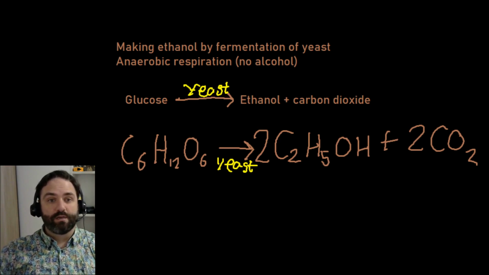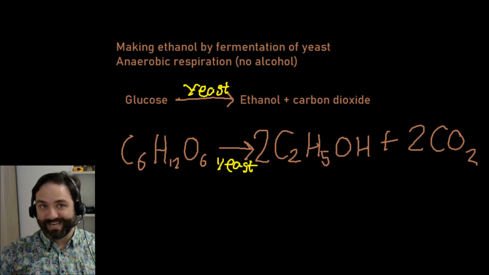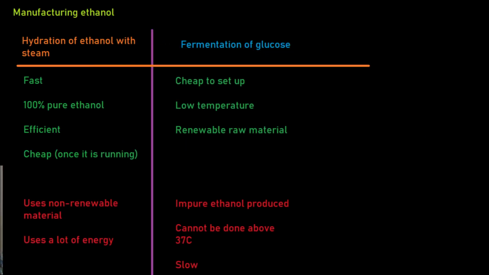And this can be done just in a sealed plastic container. So it's very cheap. The raw materials are renewable. It's sugar and yeast. The conditions, it can't be done above 37 degrees Celsius because that will denature the enzymes in the yeast and it will die. So it can be done at very low temperatures.